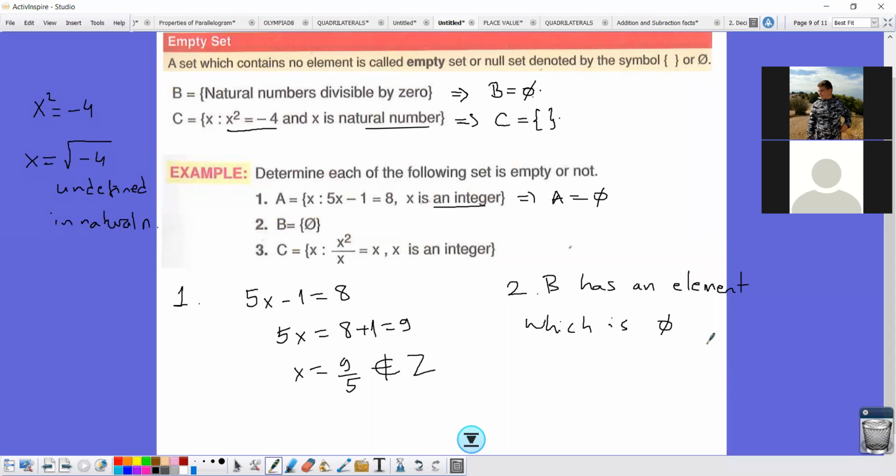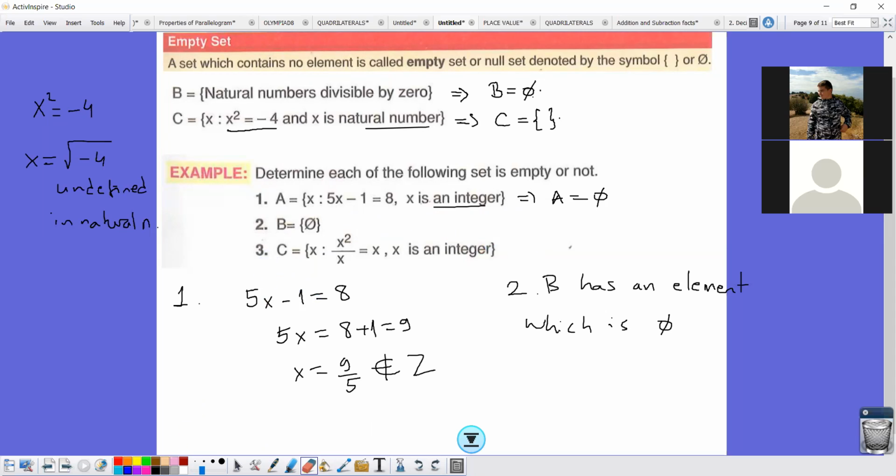You can think of this one as a symbol, so this is one element here. If it was written only like this, then B is an empty set, or if it was written only like this. In these cases, it is empty. But when you write something inside the brackets, it's not an empty set. Okay?